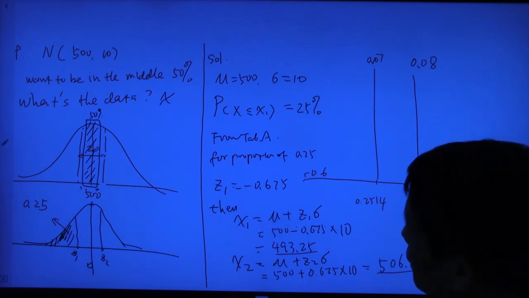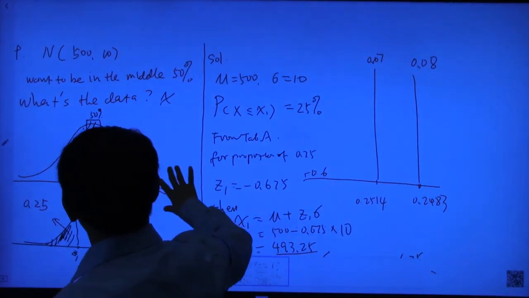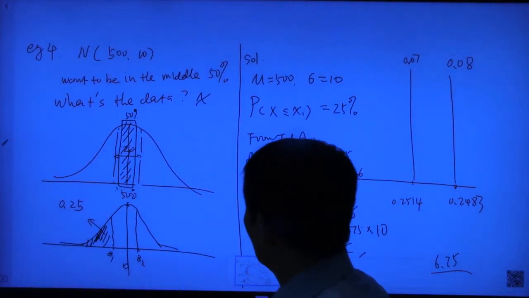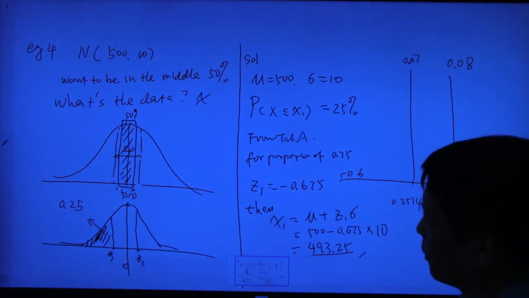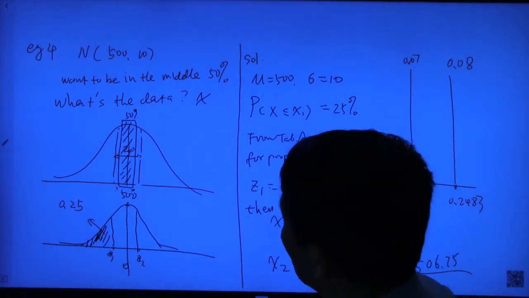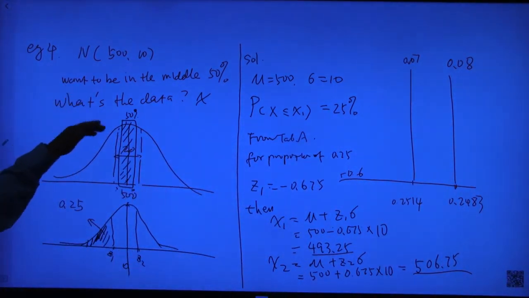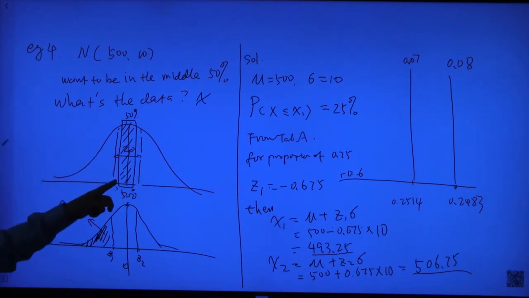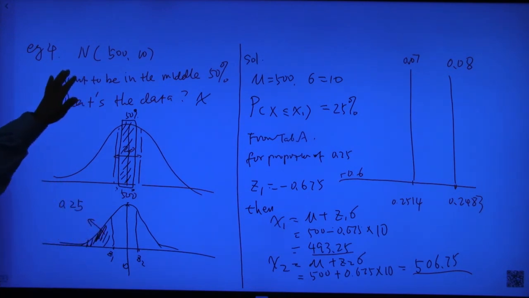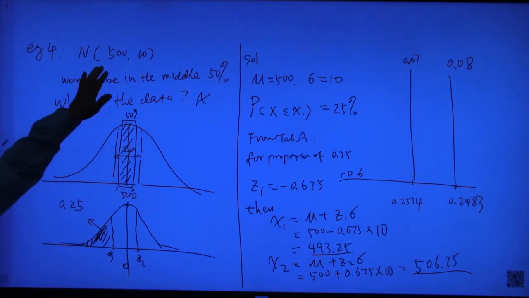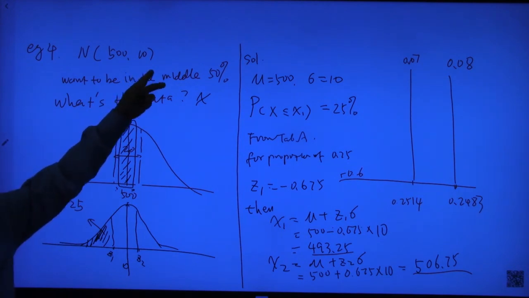Okay, this is example 4. We can discuss more examples. For example, if I tell you the x value and also the proportion, and I tell you this is a normal distribution, I know the mean, but I want you to find the standard deviation.